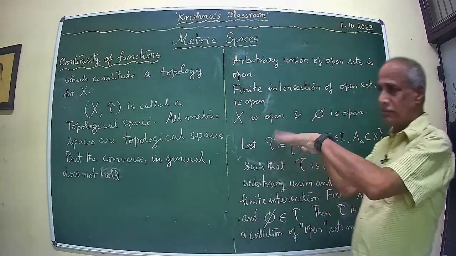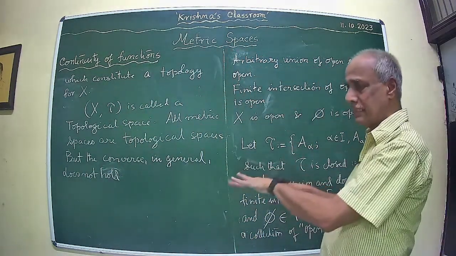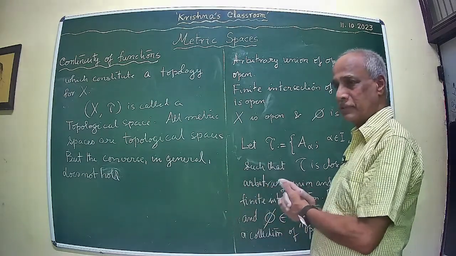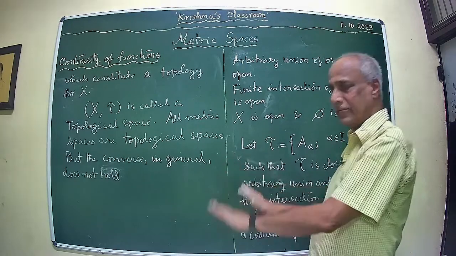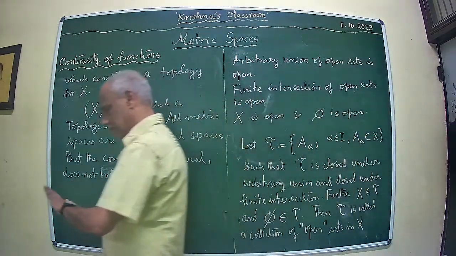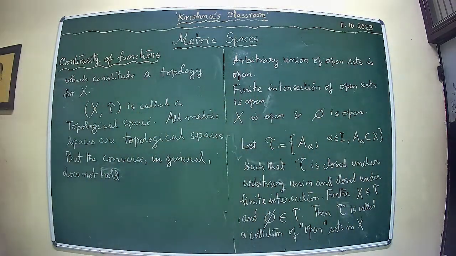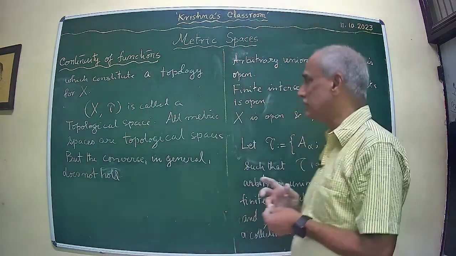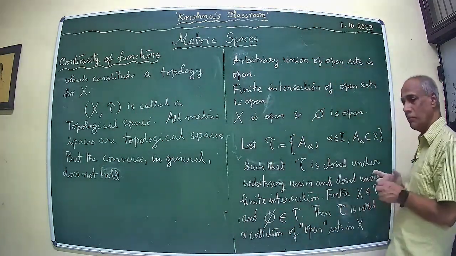So this is where we started. We generalized it immediately to metric spaces, because once you have the metric, you are endowed with the facility to talk about distances as you have on R. So using that, we defined the open sets.